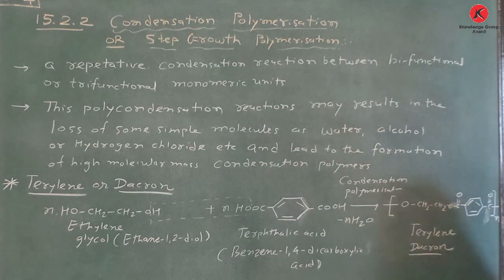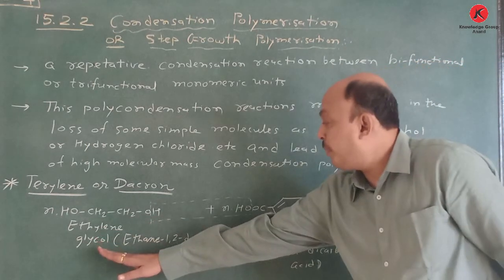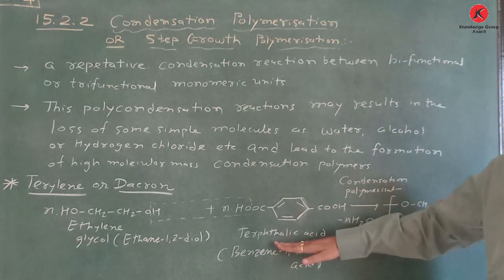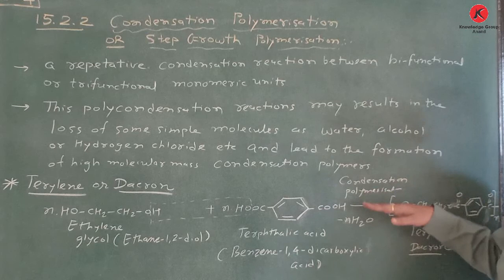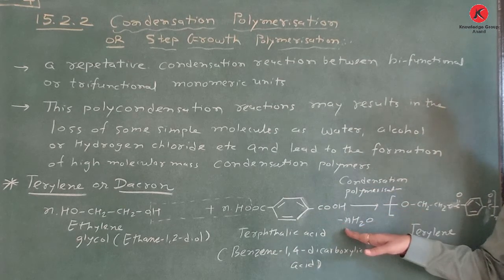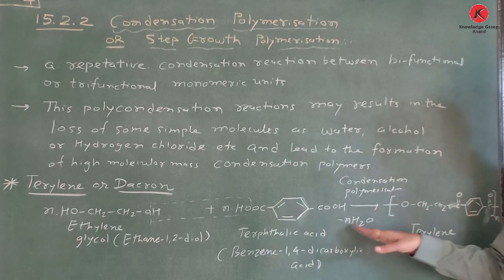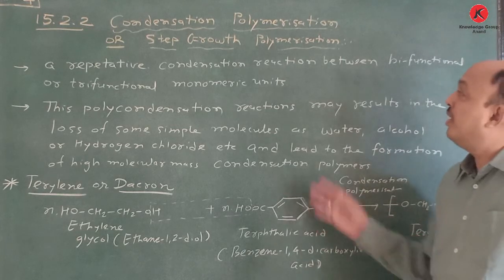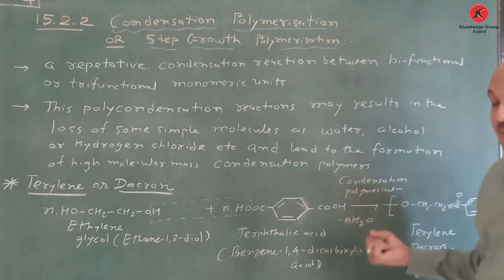Once again, a number of molecules of ethylene glycol and a number of molecules of terephthalic acid undergo condensation polymerization, then a number of water molecules are removed and terylene is obtained as a byproduct. This is nothing but an example of condensation polymers or step growth polymers.